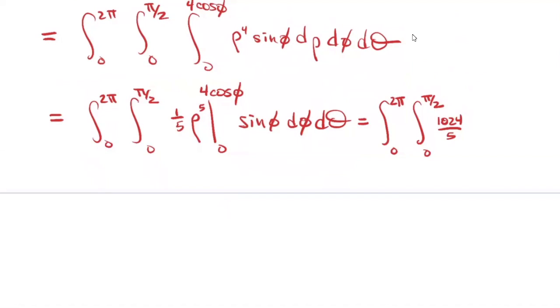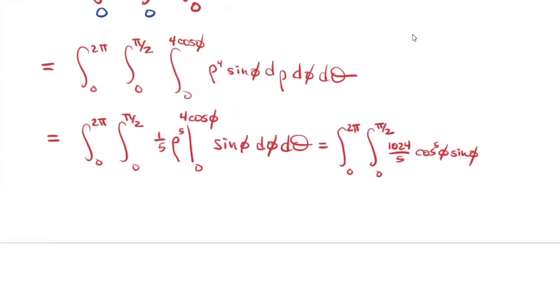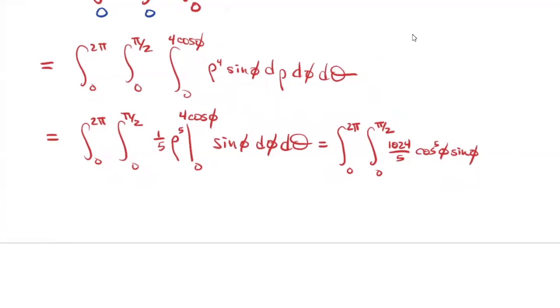And cos to the 5th of phi, and then there's a sine phi, d phi, d theta. I know the physics teachers say theta and math teachers say phi, so sorry about that.